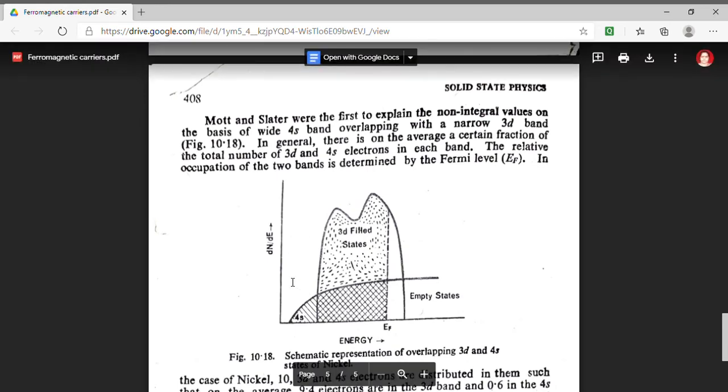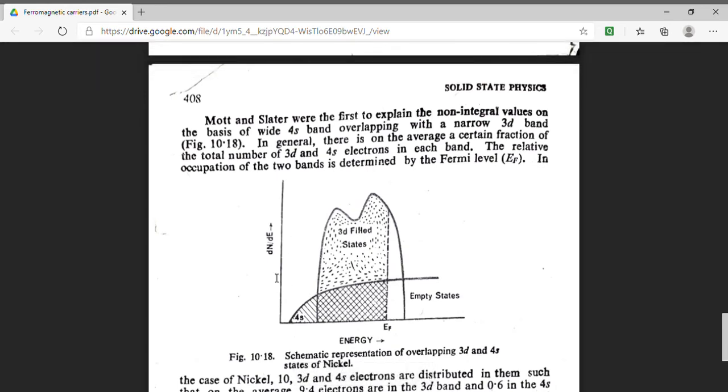This is the density of states on the y-axis, and on the x-axis I am plotting energy. We have a narrow 3d band, and this is the 4s band. This is wide and there is an overlapping between the 3d and 4s shells.